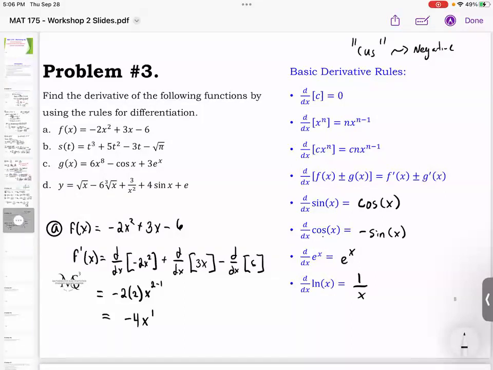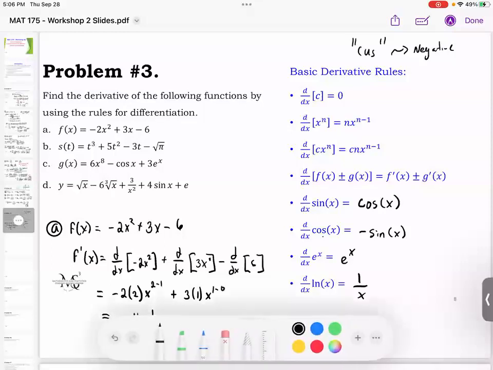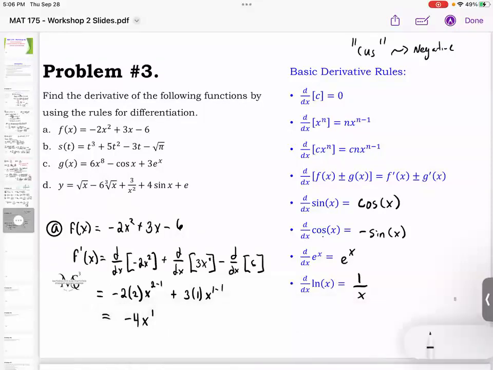Now, if you want to find the derivative with respect to x of 3x, x is raised to what power? 1, right? So I'm just going to stick that 1 there so that we know it. By our third rule, the constant multiple rule, you do 3 times 1 times x to the power of 1 minus 1. Let's simplify this.